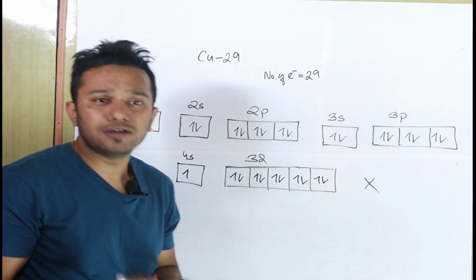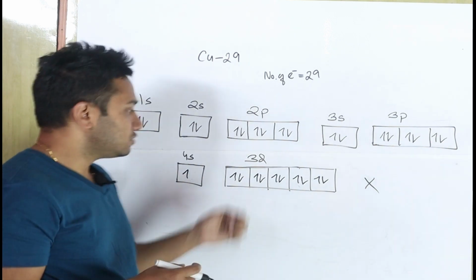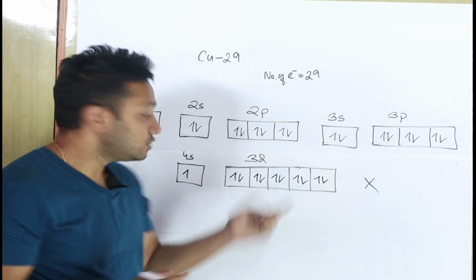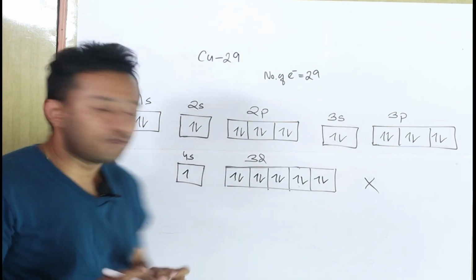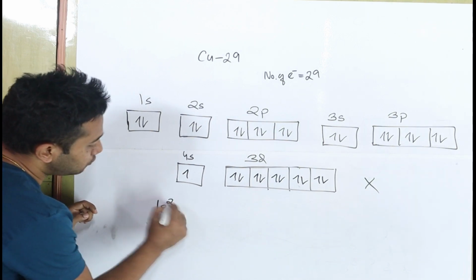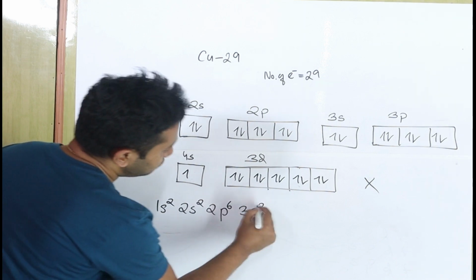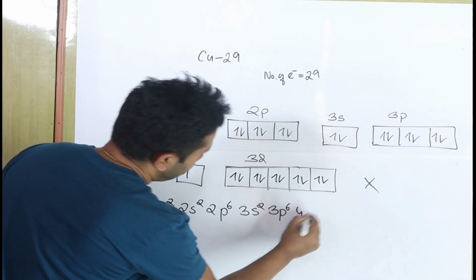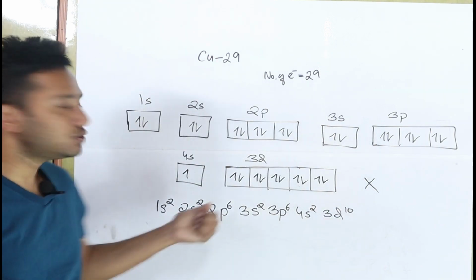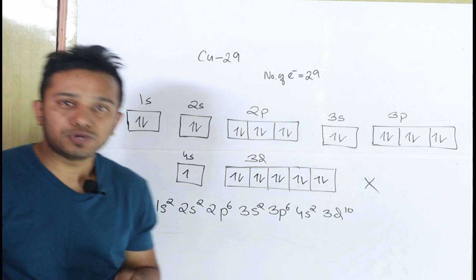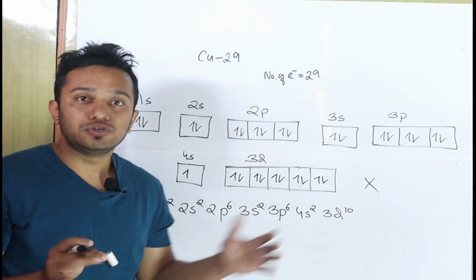As I've told you earlier, just like chromium, copper is also an exceptional case. So this is how you're supposed to fill copper, and the electronic configuration will be 1s2, 2s2, 2p6, 3s2, 3p6, 4s1, 3d10.